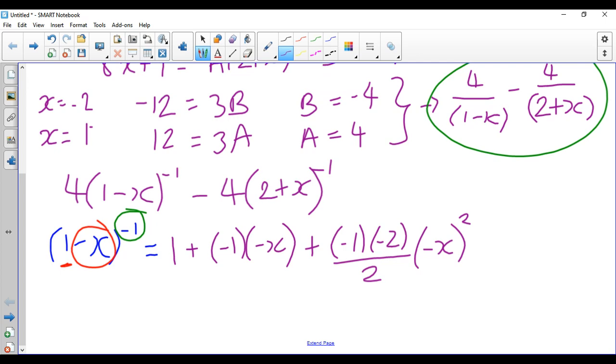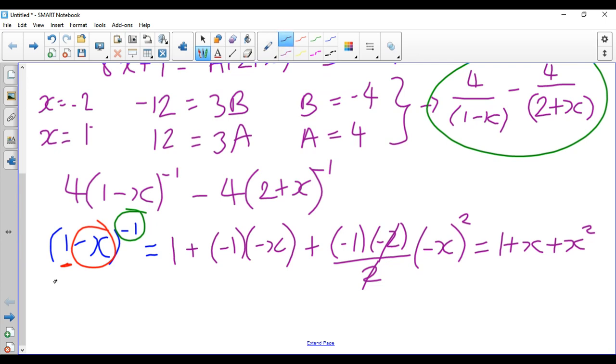The great thing about this one is it's the nicest one of all. I love minus 1 powers, because that cancels with that, and you just get left with the 1. So I've got 1 plus x plus x squared. It was a nice and easy one, because everything cancels out. So that was my blue expansion.